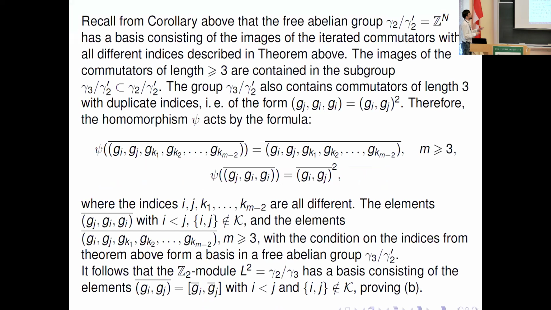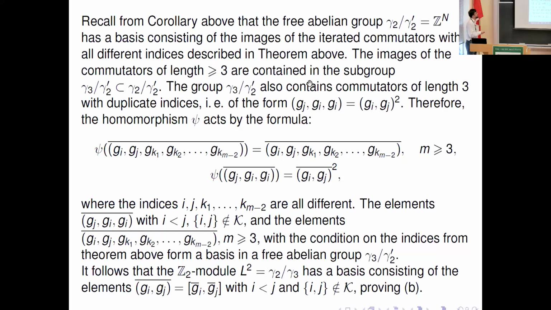Recall from the corollary that this factor is a free abelian group Z^n, which has a basis consisting of the images of the iterated commutators with all different indices described in the theorem above. The images of the commutators of length more than or equal to 3 are contained in the subgroup gamma 3 by gamma 2 stroke, like this. This group also contains commutators of length 3 with duplicate indices of the form like this.